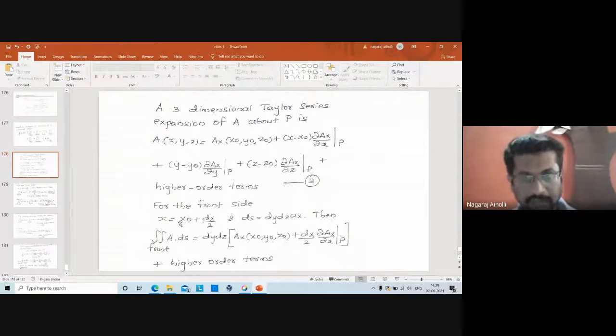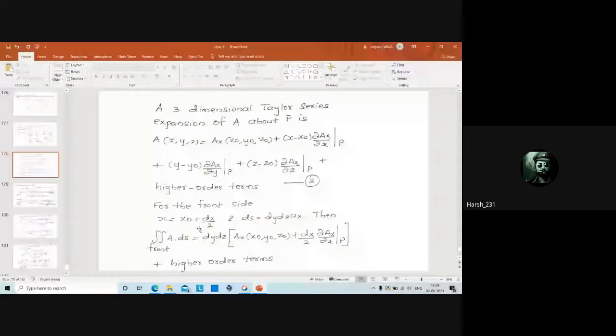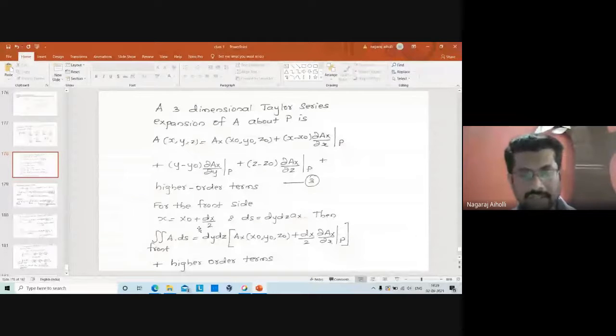see here, x minus x naught. If I take x naught to the LHS, what will it be? In this term, x is equal to x naught plus dx by 2, correct? So x minus x naught, that will be equal to dx by 2.